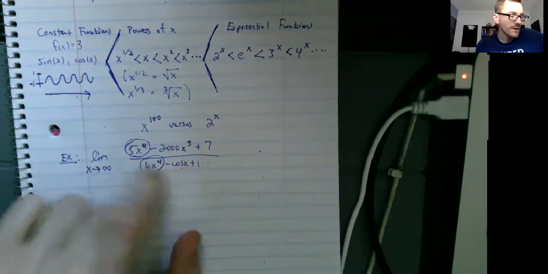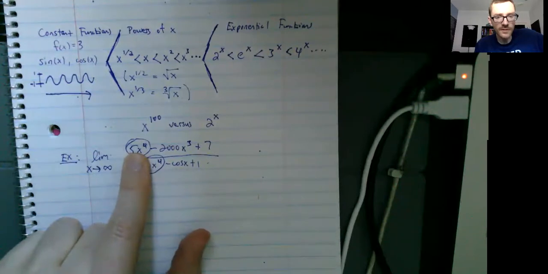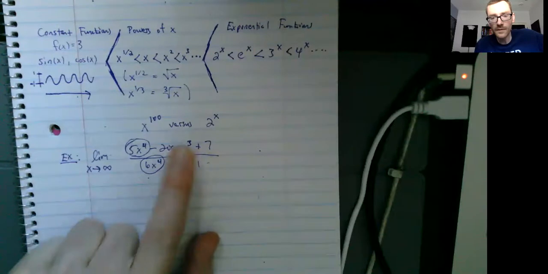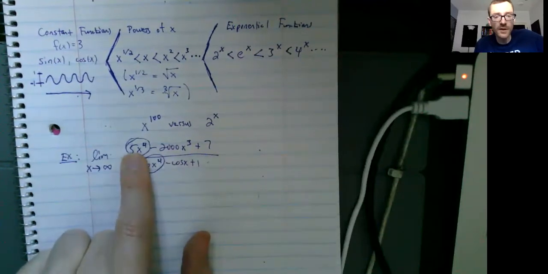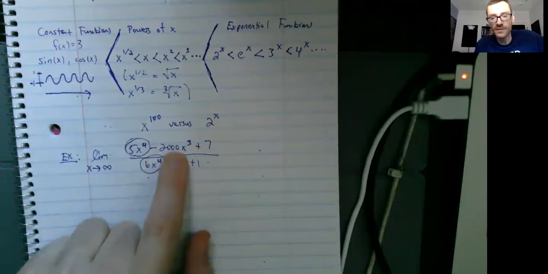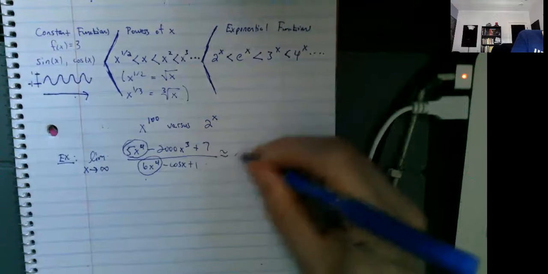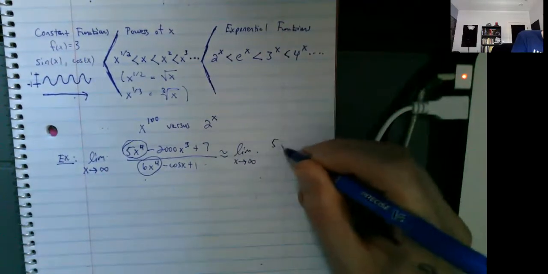In other words, for really big values of x, this term is so much larger than the other two in the numerator that you can ignore them. This will be like 800 billion, and by comparison, this will be some much smaller number. So the idea is you just ignore the slower growing terms and only keep the fastest growing terms.